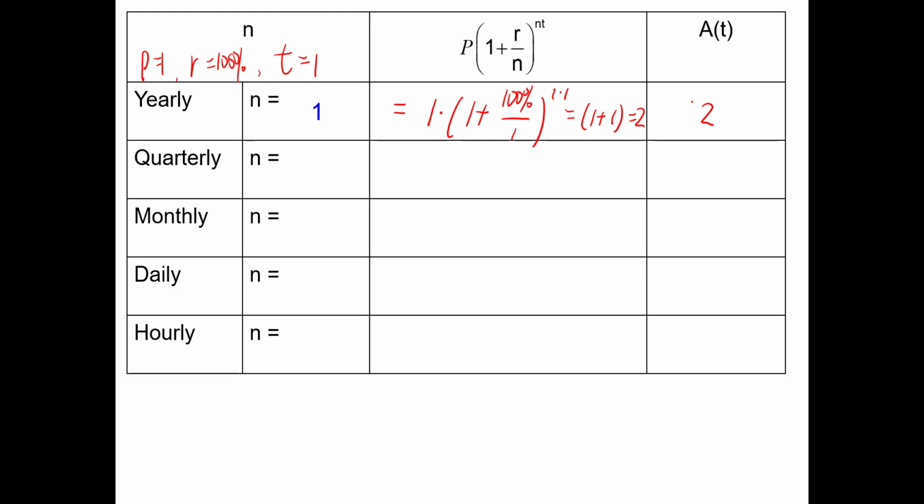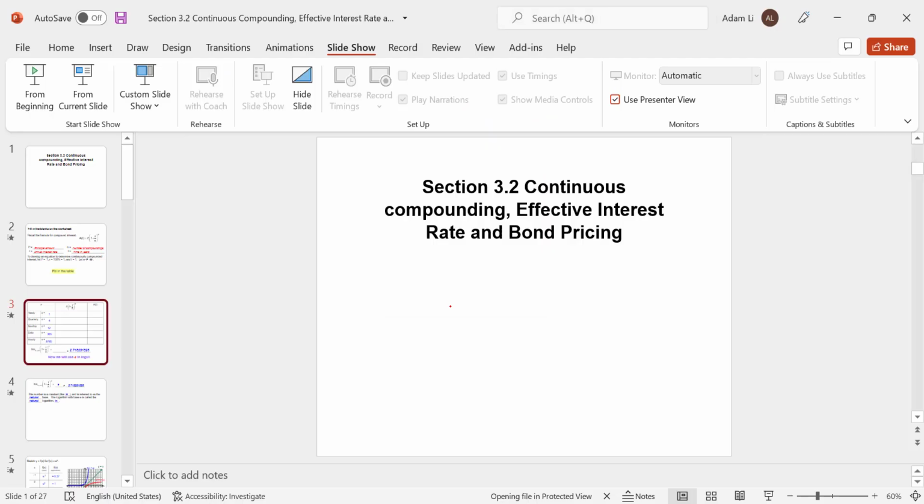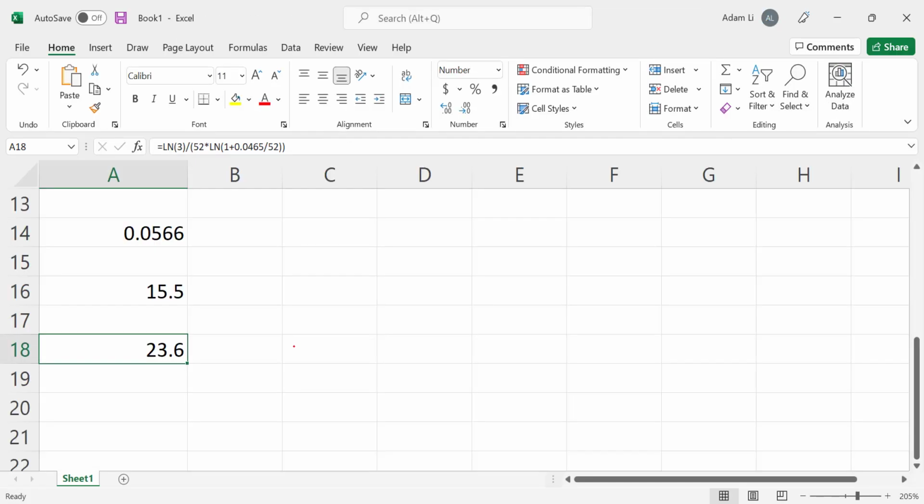And if it is compounding quarterly, you will use n equal to 4. So here we have 1 unit times 1 plus 100% over 4, raised to 4 times 1. Again, we're going to use Excel for this to get a number.